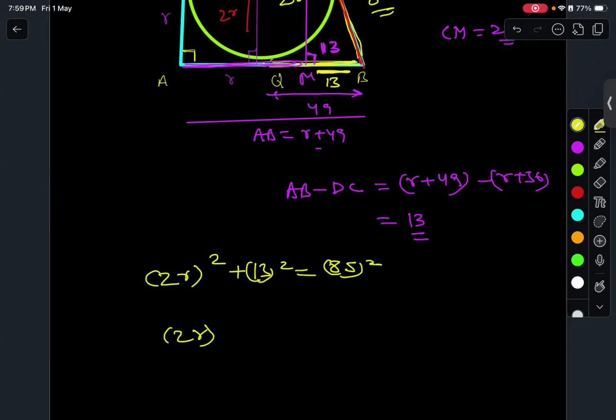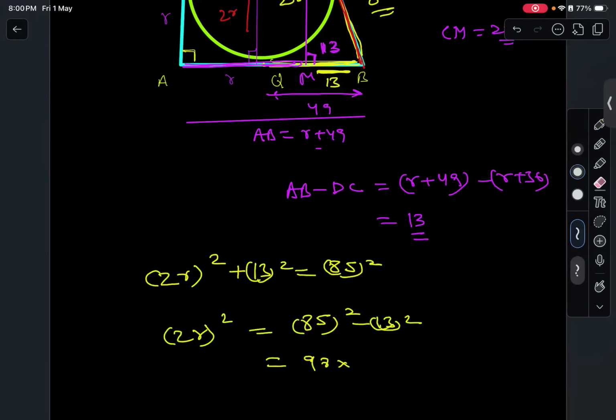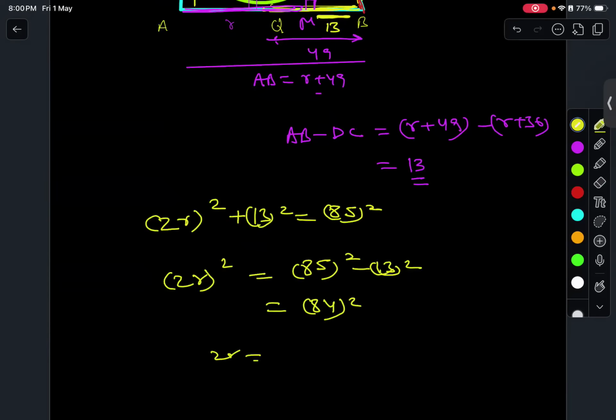So 2R the whole square is equal to 85 square minus 13 square, which is a plus b times a minus b, giving 98 times 72. Directly you can write 84 square. So 2R is coming as 84.